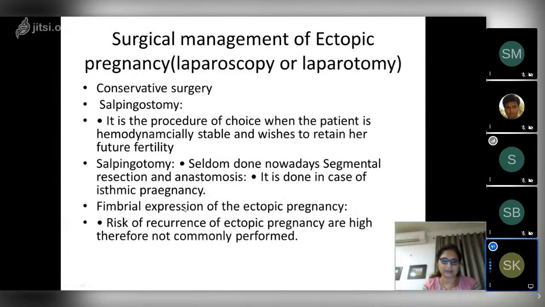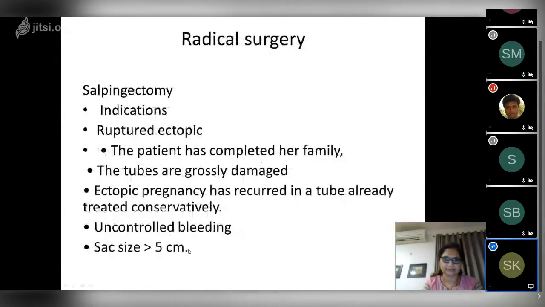That again depends on how much the tube is damaged, and if it's a very small tissue we push it out, and if there is no active bleeding then we can go ahead with such a procedure. But always remember the risk of recurrence of ectopic pregnancy is very high, therefore all these procedures are not very commonly performed nowadays.